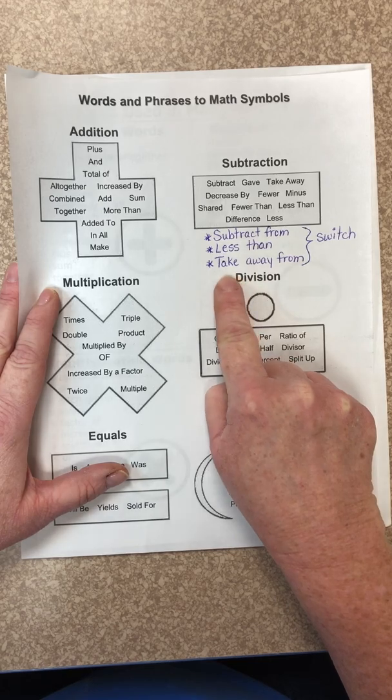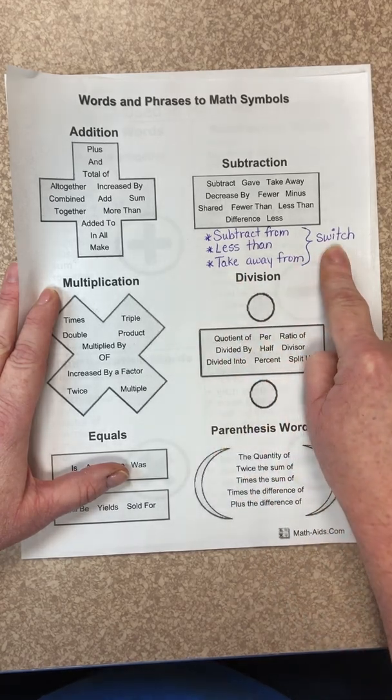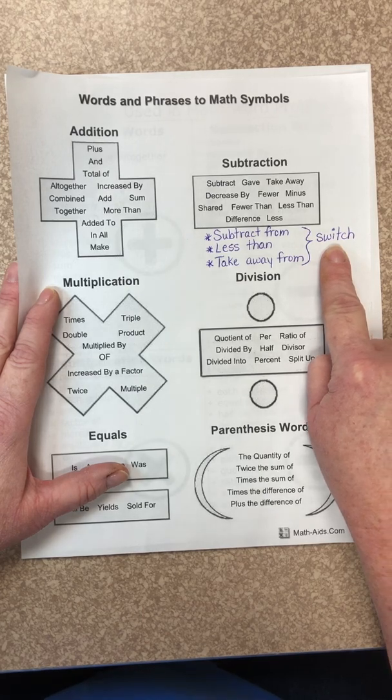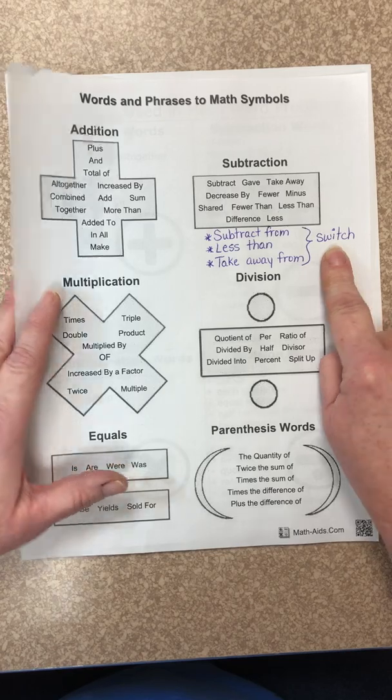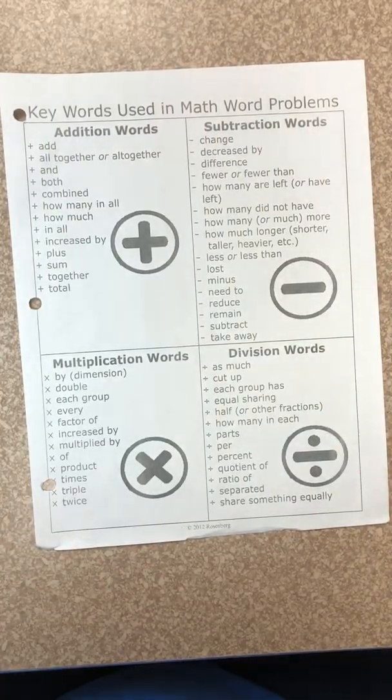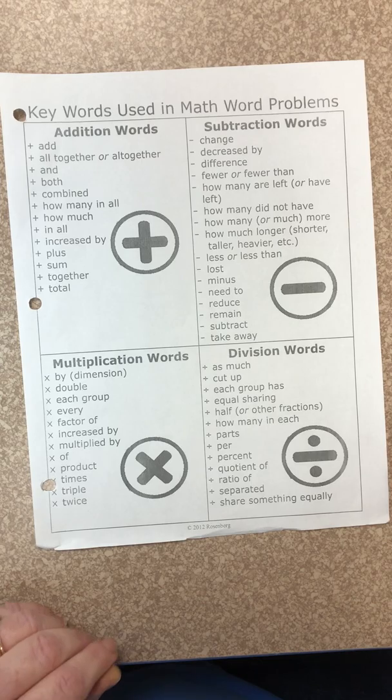When you see these three phrases, that means we will need to make a switch. In the first video, I showed you what I mean by that, and in this video, I will do the same. This is the other reference sheet. It has a few more examples of words or phrases that we use for addition, subtraction, multiplication, and division.